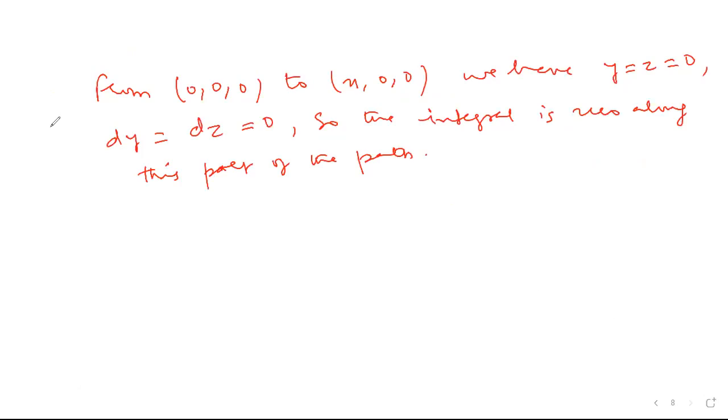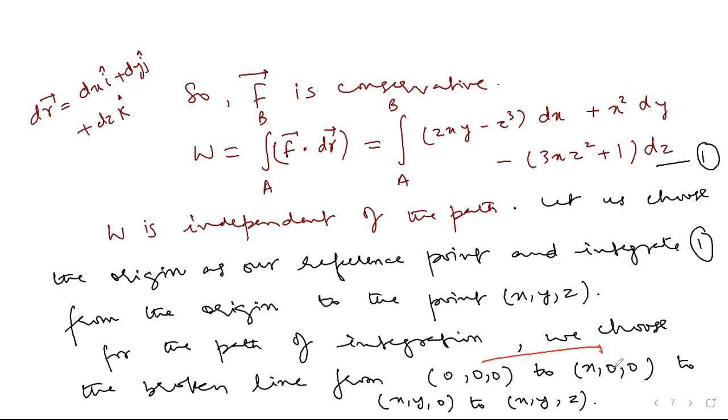Then we have to move from x, 0, 0 to x, y, 0. Second part of the path is x, 0, 0 to x, y, 0.